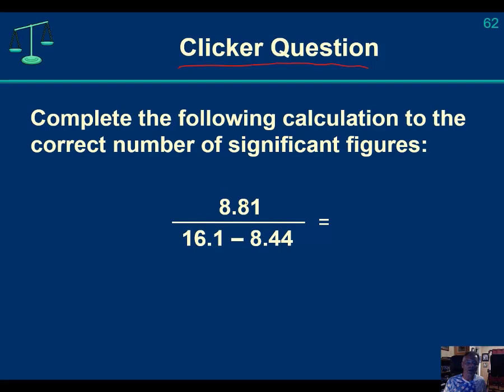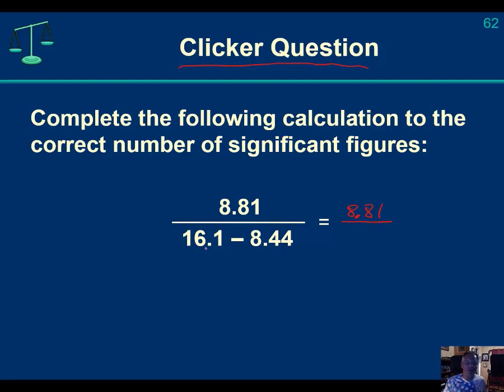In this particular case, we have a numerator that's 8.81, and we're going to divide that by the subtraction of 16.1 minus 8.44. So we can simply drag the 8.81, which will divide by the result of this subtraction.